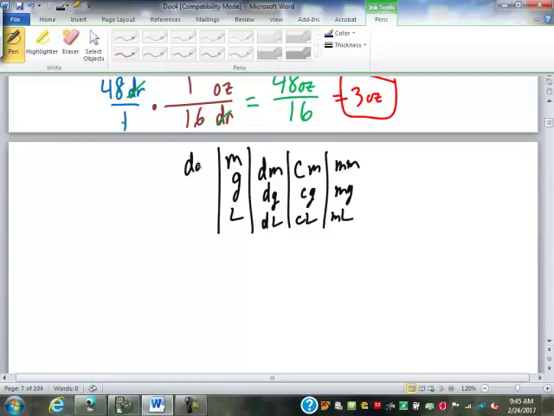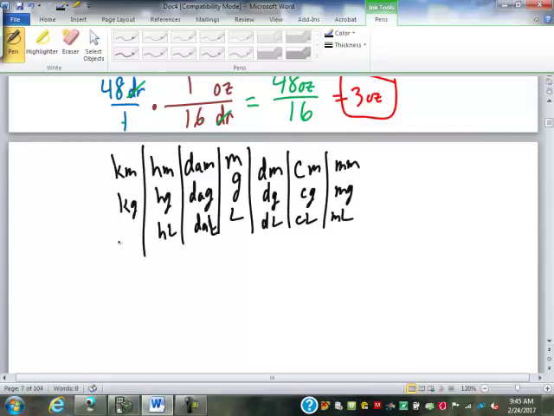And we have decameter, decagram, and decaliter. Hecto and kilo. And we know that this is 1, this is 1/10, 1/100th, and 1/1000th. This is 10, 100, and 1,000.